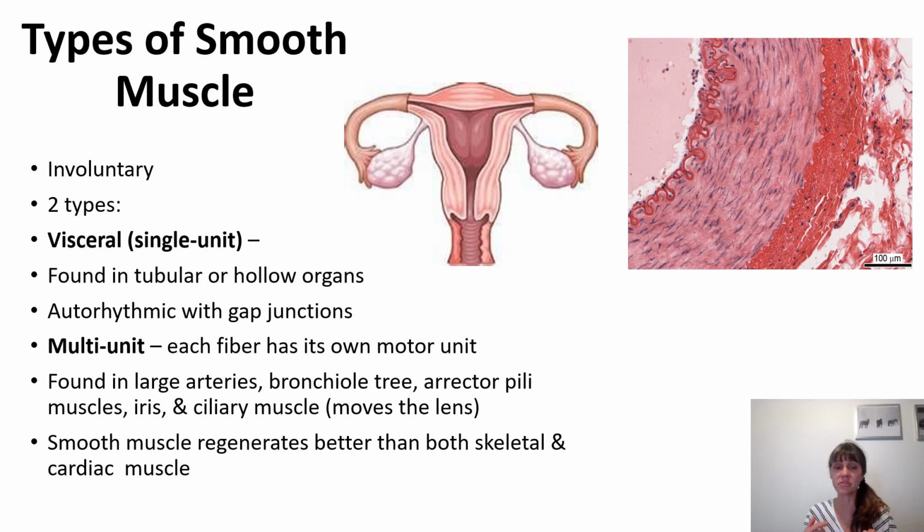It is the type of smooth muscle that makes up the erector pili muscles, the iris of your eye, which is the colored portion of your eye, whether you have brown eyes or blue eyes, that's actually multi-unit smooth muscle, as well as the ciliary muscle, which is the muscle that moves the lens of your eye to change shape of the lens to allow you to accommodate seeing far away or close up.